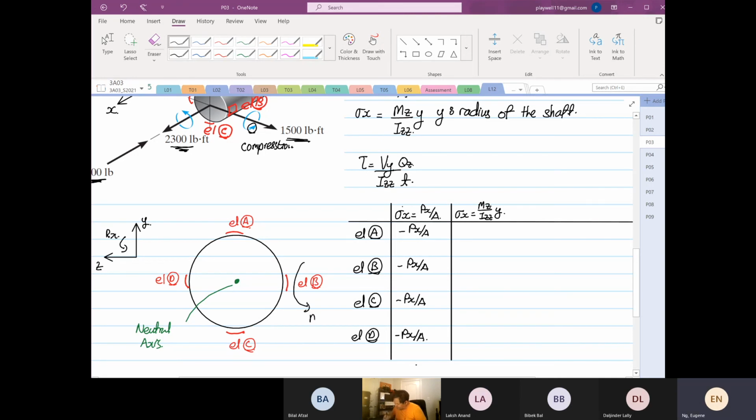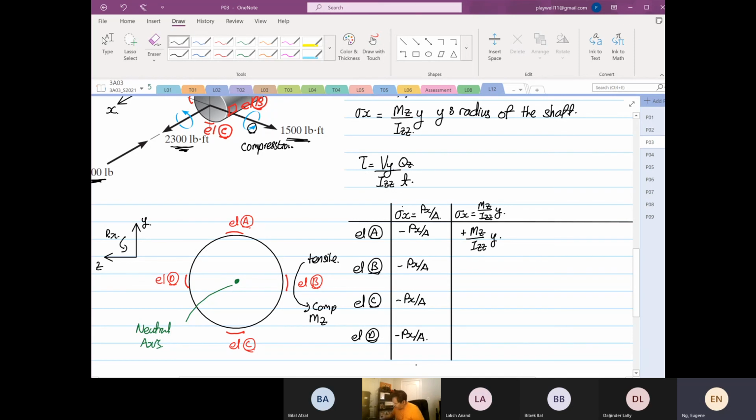So this is our moment in Z, compression and tensile, right? So element A will be positive. I'm going to write up the formula. It's going to be equal to positive Mz over Izz multiplied by y.